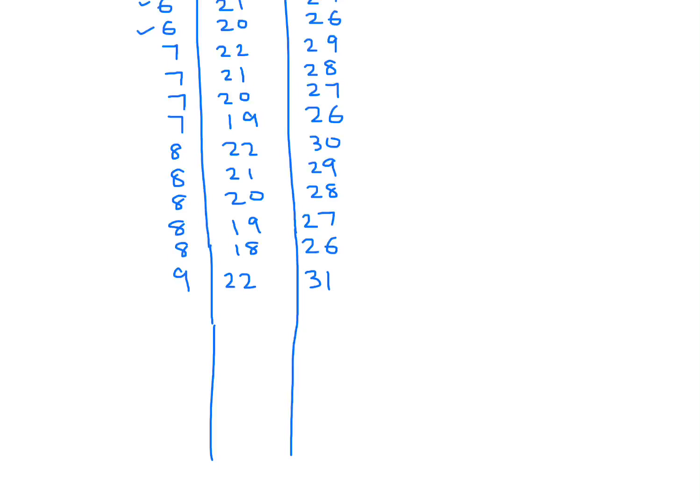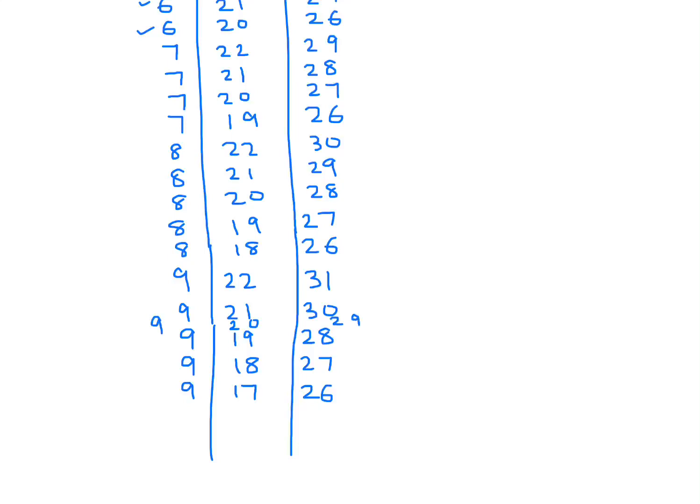you'd have 31, 9 and 21 would have 30, 9 and 19 is 28, 9 and 18 is 27, 9 and 17 is 26. And I missed a 9 and 20 in there.